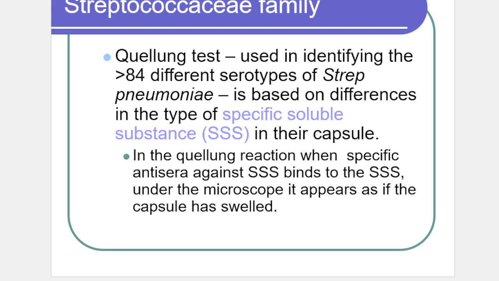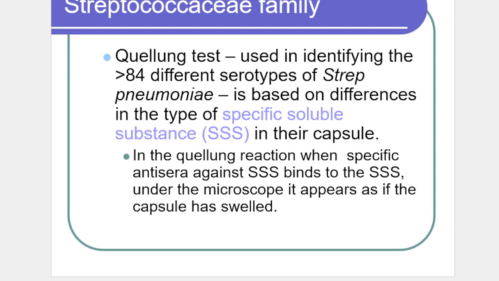So, the Quellung test, another test to remember for pneumoniae. Take note that S. pneumoniae is capsulated. The Quellung test is used to identify 84 different serotypes of S. pneumoniae. This is based on the differences in the type-specific soluble substances in their capsule.